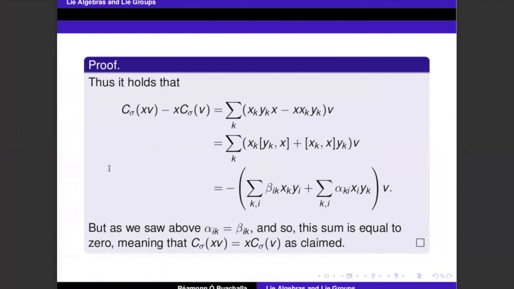And then what we do next is recall the expansion of this commutator in terms of the basis y. So now we've got a summation over i and k, and this extra term has appeared here, and this is the coefficient. The x is the same; nothing happens to the x up here.